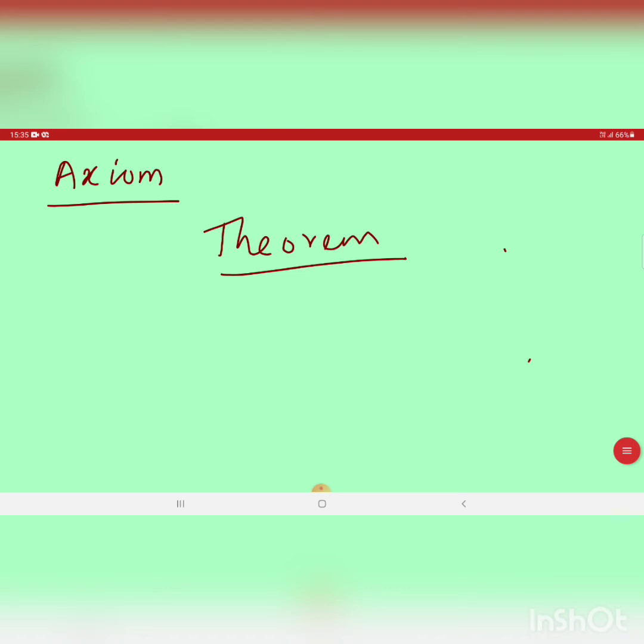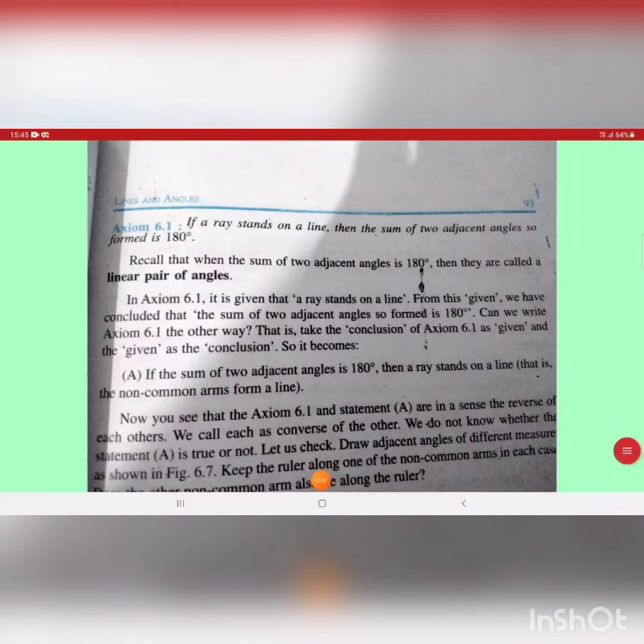In this chapter, the first axiom is Axiom 6.1. If a ray stands on a line, the sum of the two adjacent angles so formed is 180 degrees. If a ray stands on a line, so there is a line and a ray stands on the line.